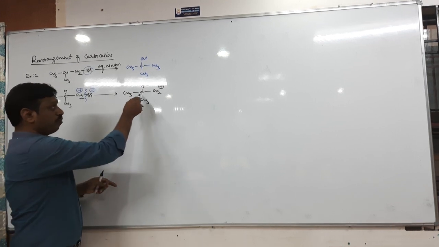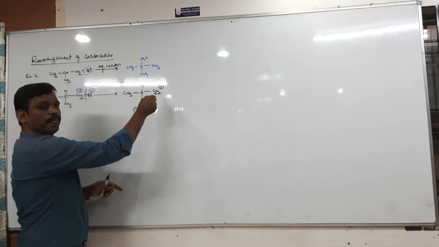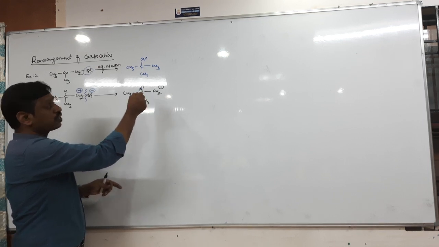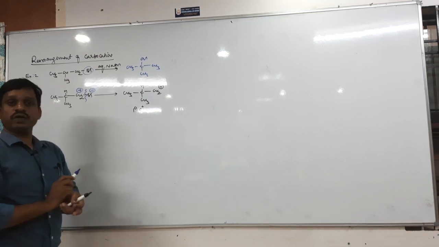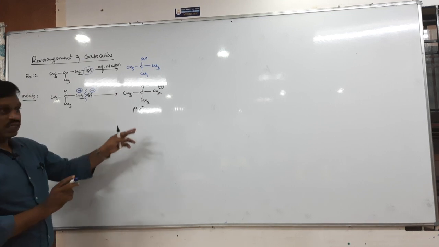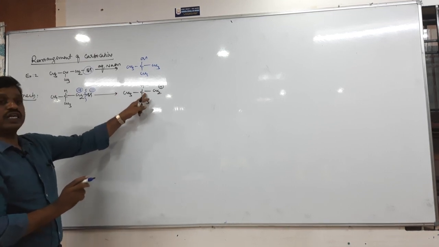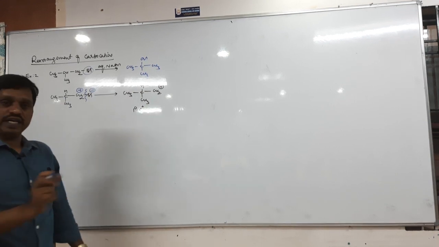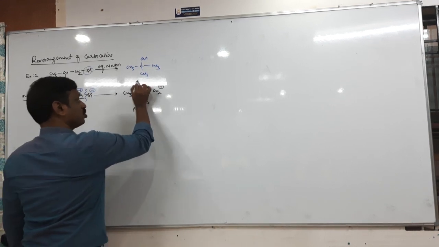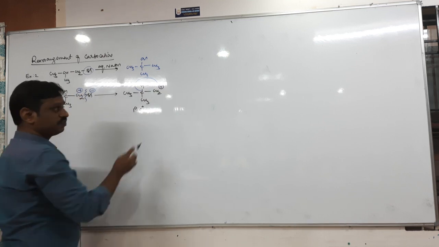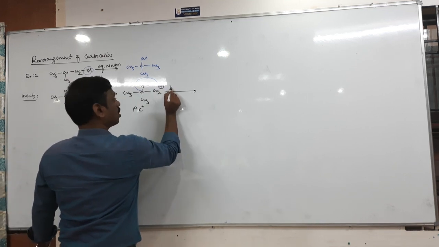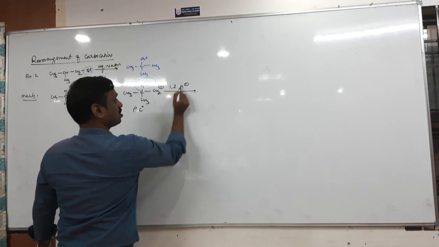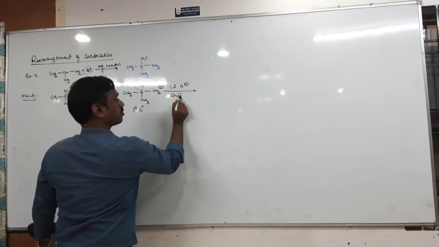Second case, if methyl shifted here, which carbocation is formed? Secondary carbocation, right? That means if hydride is shifted, you will get tertiary carbocation. If the methyl group is shifted, secondary carbocation. Then which is most stable? Tertiary. Therefore hydrogen shifted. So that is called 1,2 H minus shift, hydride shift.